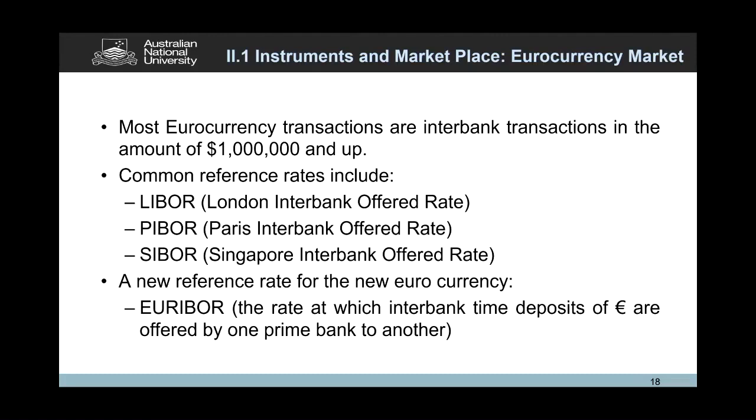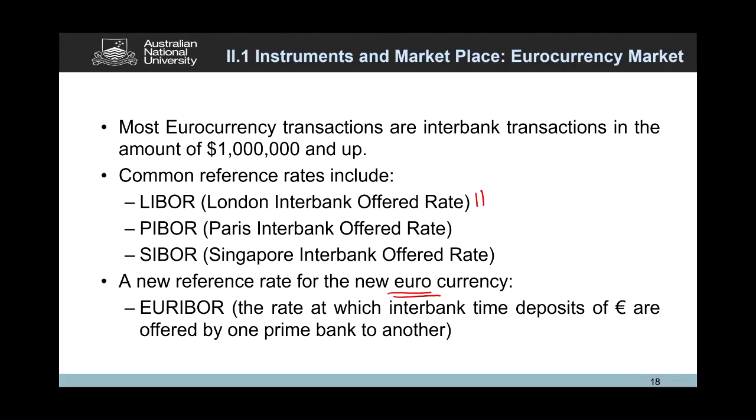The reference interest rates most commonly used in the eurocurrency market are LIBOR, the London Interbank Offered Rate, or PIBOR and SIBOR, the Paris Interbank Offered Rate and Singapore Interbank Offered Rate. And because of the euro's strength, we now have Euribor, which is the interbank time deposits for euro that are offered by one prime bank to another.